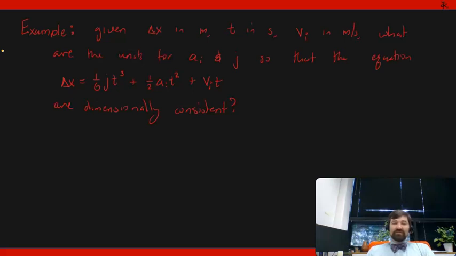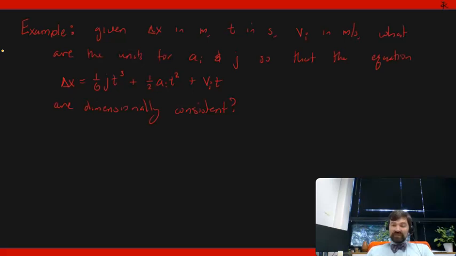Okay, first things first, when you have fractions or coefficients that are just a number out front, they often don't have a unit associated with them. So we can ignore the 1/6 and the 1/2 here.